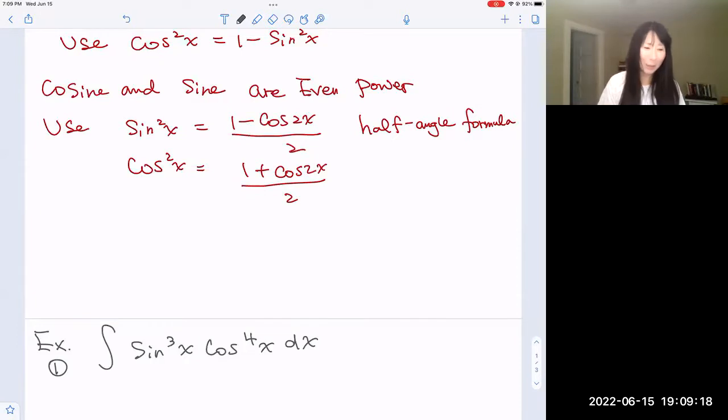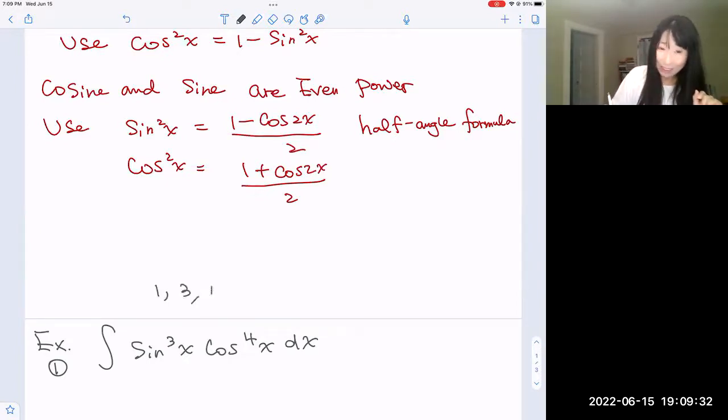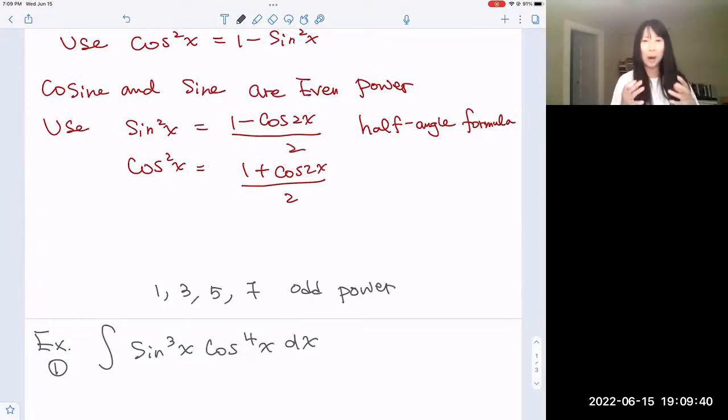So which one has an odd power? 4? Odd power? Odd power means 1, 3, 5, 7 is an odd power. So sine has the odd power. Make sense?